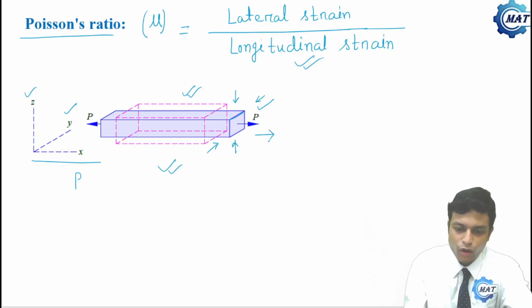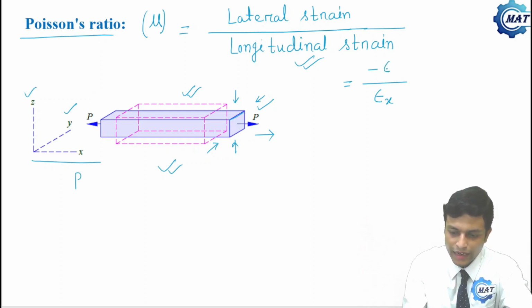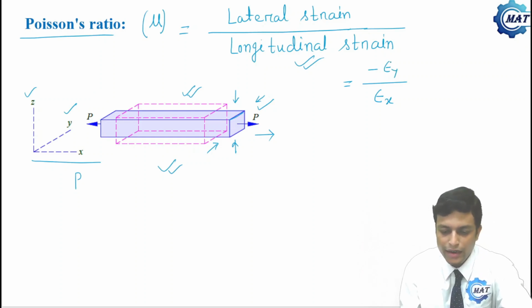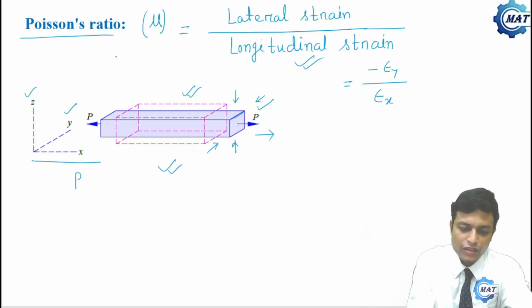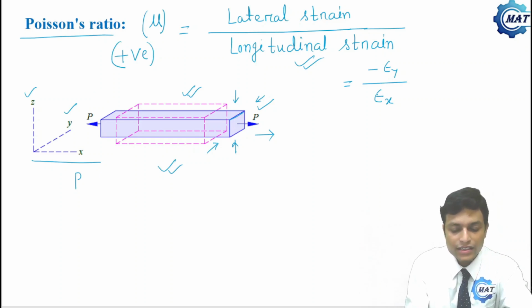Longitudinal strain is epsilon x, and lateral strain is minus epsilon y. What does the negative sign indicate? Poisson ratio is always positive. This is a ratio, this is always positive, and the dimension of the component in the lateral direction has been reduced.